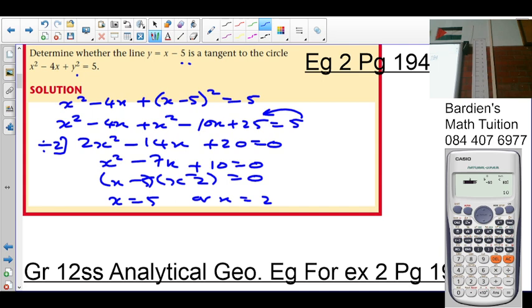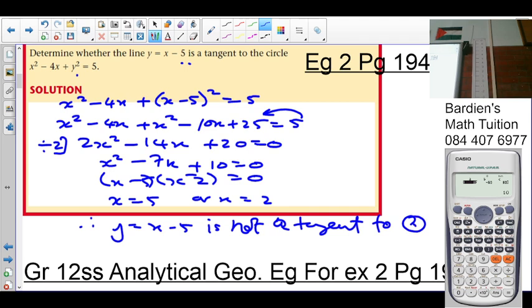So at this point, people, if you got two solutions, what does that mean? It's a secant. Therefore, y equals x minus 5 is not a tangent to the circle. Do you guys understand? So do I need to calculate the corresponding y values? No, because the question was whether it's a tangent or not.